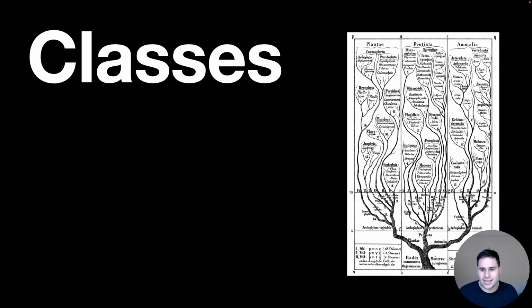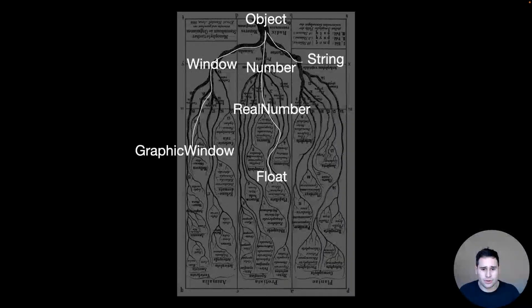If we look at an example here, many people think about classes as being associated with types, or this sort of tree example. But I think a really good way of thinking about objects and classes is that they represent substructures of types of data. For example, you could have a really generic object class. In Python, everything is an object, so you must have this sort of base object class.